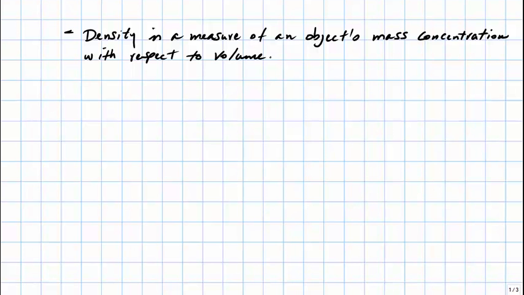In other words, density indicates the extent to which an object's mass is concentrated or packed together within a certain amount of volume.